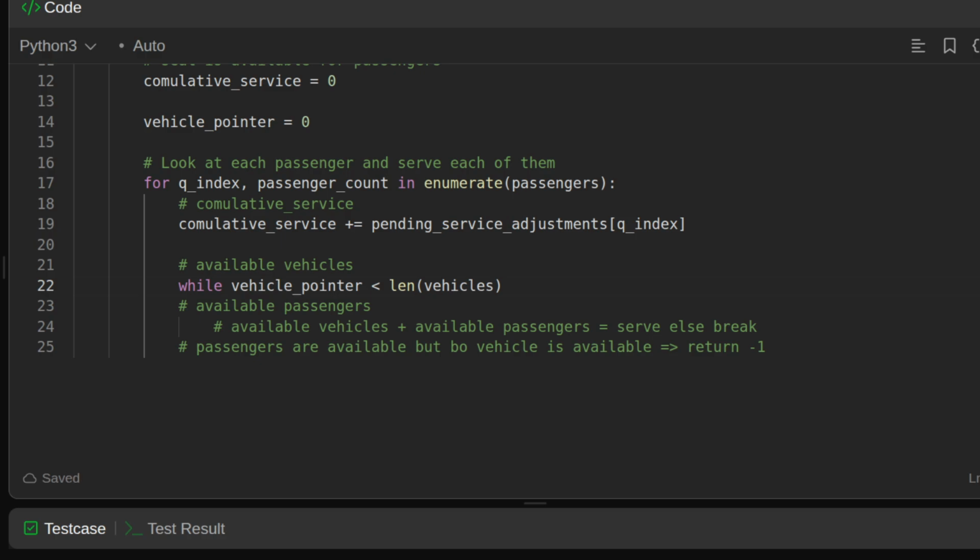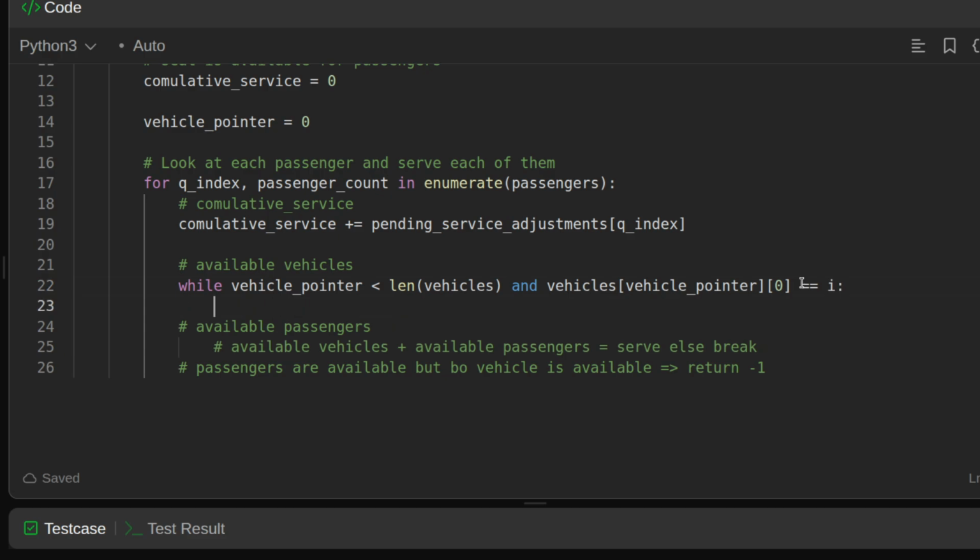And vehicles of vehicle pointer, in that also if 0 is less than or equal to i, that means it is present, available vehicles at index i, right?